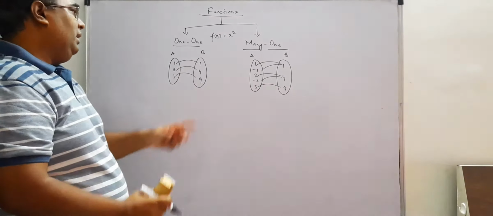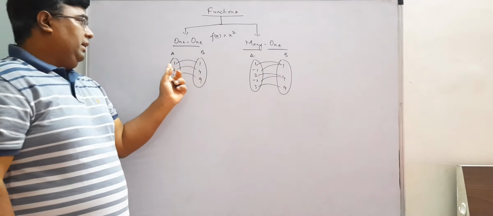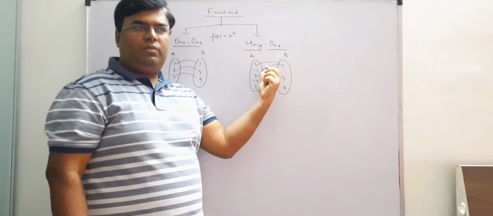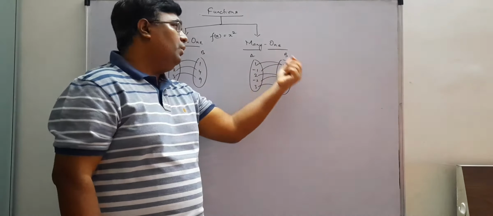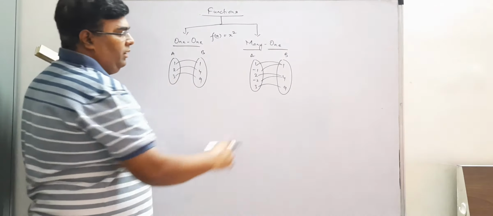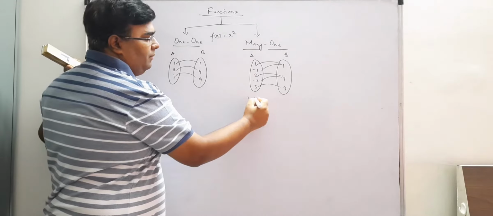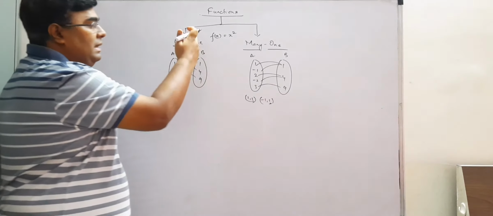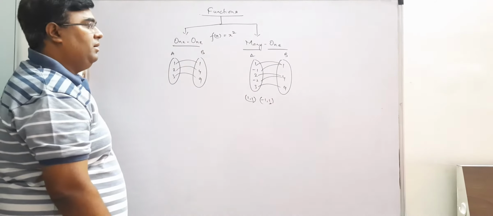When one element is related to only one element of B, or where two elements of A are related to one element of B, what kind of ordered pair will it be? Here the second element is being repeated. Here the second element is not repeated. Correct?